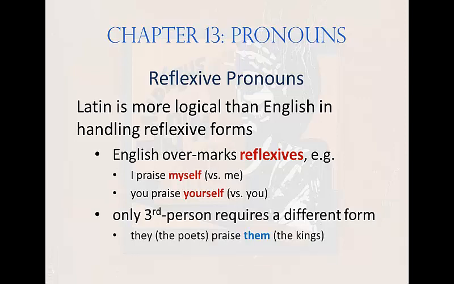The same is true of the third person plural. For example, they praise them, meaning the poets are praising the kings. Their them is non-reflexive. But they praise themselves, the poets are praising the poets, their themselves is reflexive.